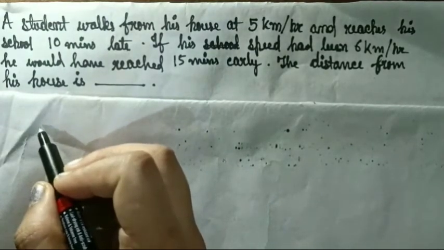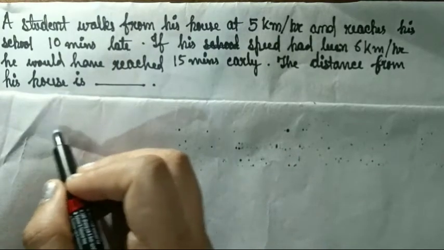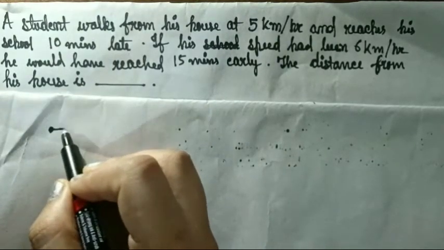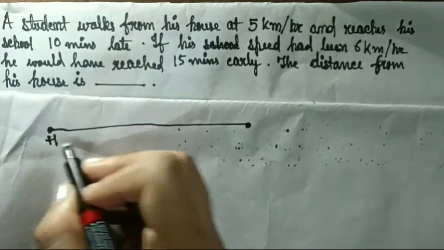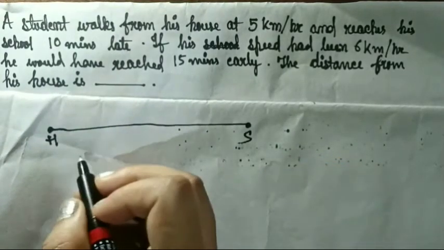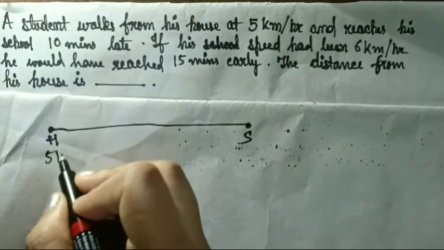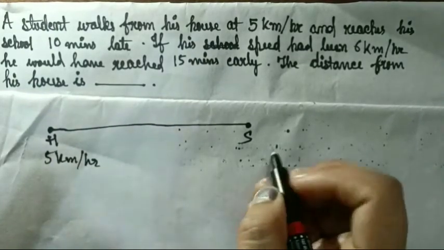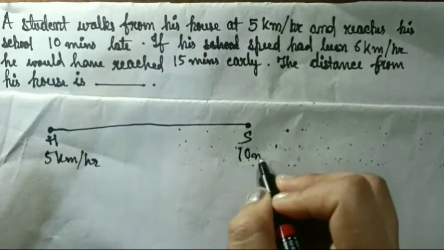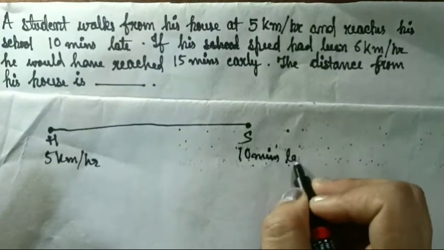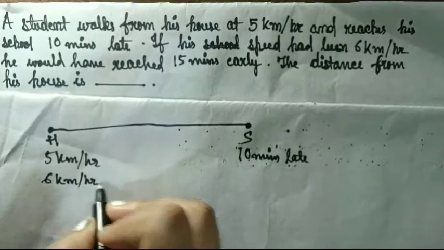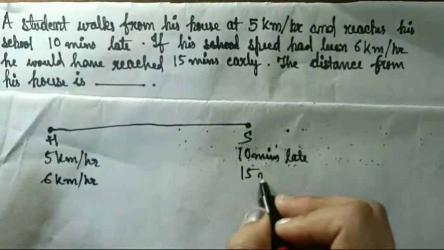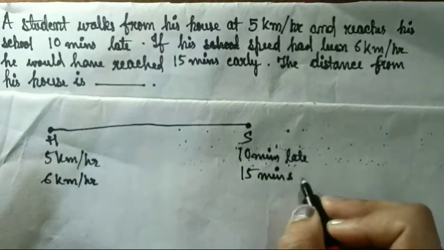According to the data given, the boy is walking from his house to his school. When his speed is 5 km per hour, he reaches 10 minutes late, and when his speed is 6 km per hour, he reaches 15 minutes early.